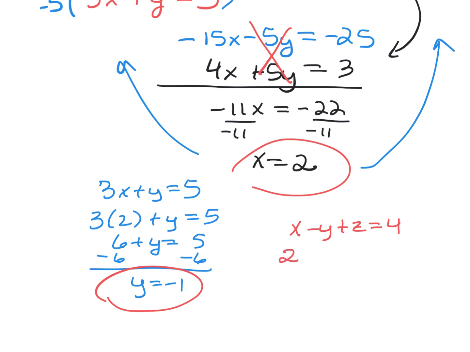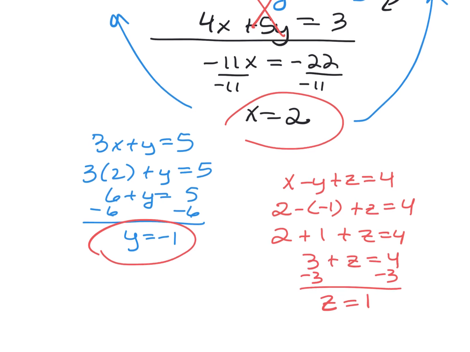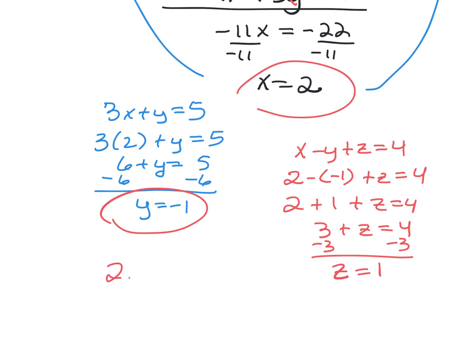I'm plugging in 2. y is -1, but remember it's got that subtraction sign. And then again, you're solving for z. So 2 plus 1 plus z equals 4. 3 plus z equals 4. Subtract 3, and z equals 1. My ordered triple is (2, -1, 1).